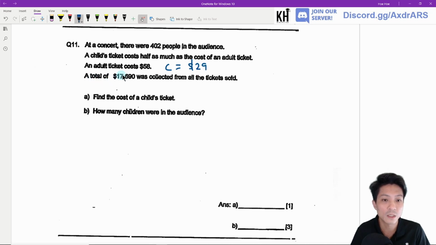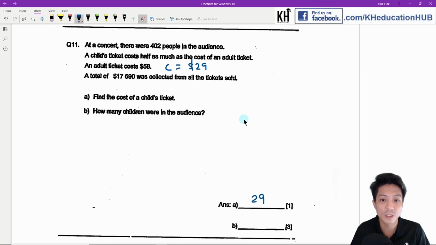Okay, a total of $17,690 was collected from all the tickets. So, and the cost of the child's ticket, which I've already found over here. So part A is 29.